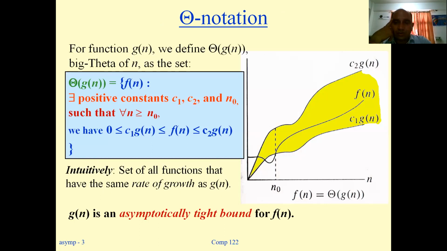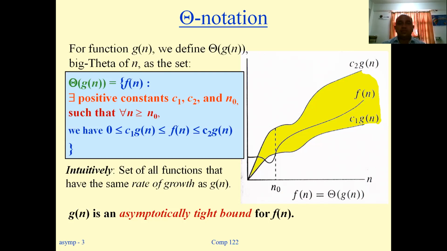From the graph, you can visualize that a function f(n) is lying between two functions c1 g(n) and c2 g(n). This relation can be represented by an equation which says that theta g(n) is equal to f(n) if there exist some positive constants c1, c2 and n naught, such that for all n greater than n naught, we have the relation 0 is less than or equal to c1 g(n) is less than or equal to f(n) is less than or equal to c2 g(n).